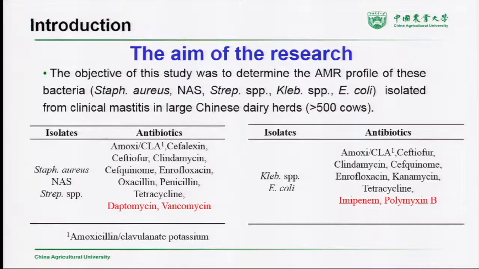So these are the 11 antibiotics used for Staphylococcus aureus and Streptococcus species, and 8 antibiotics used for Klebsiella species and E. coli, which included 2 antibiotics highly critical for human and others commonly used in veterinary.